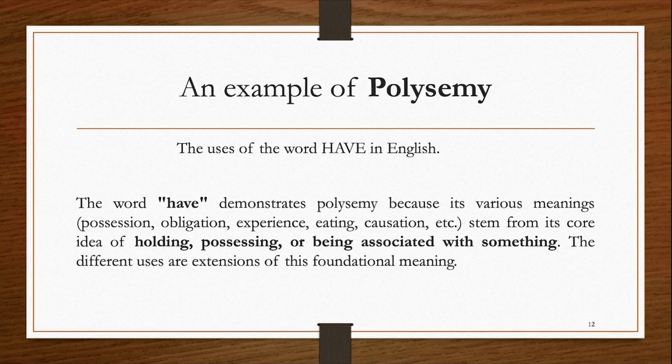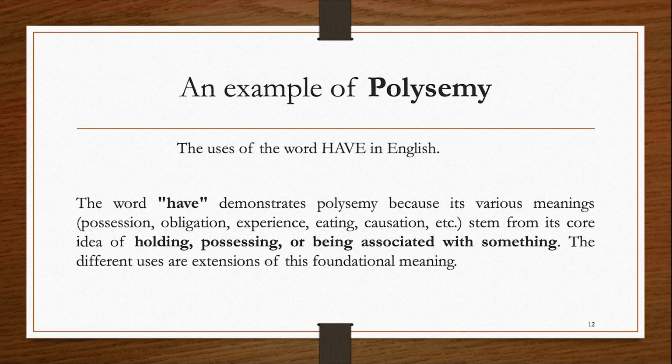Now, this word have demonstrates polysemy because of its various meanings like possession, obligation, experience, eating, causation, etc. And it stems from its core idea of holding, possessing, or being associated with something. Other than its use as a helping verb, an auxiliary verb, it serves very many purposes, and that precisely is the quality of language that is known as polysemy.